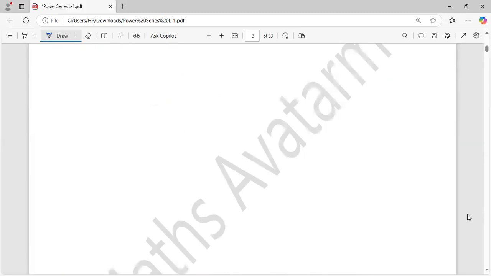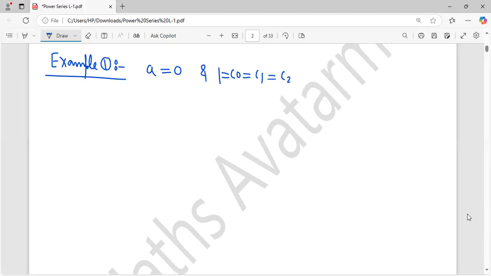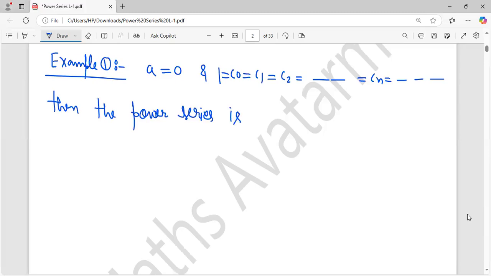So example 1. If we take a is equal to 0 and C0, C1, Cn all equal to 1, then the power series is summation n goes from 0 to infinity of x to the power n. What is this? This is 1 plus x plus x square and so on.